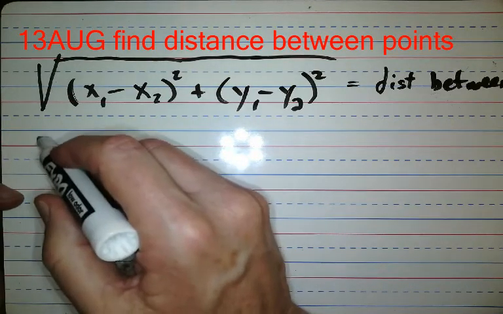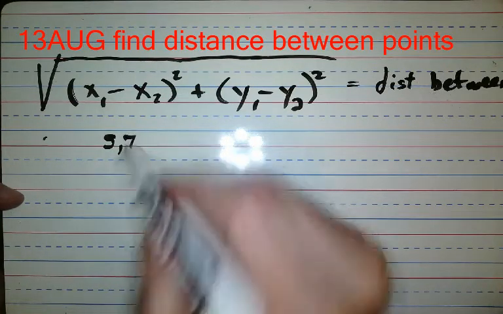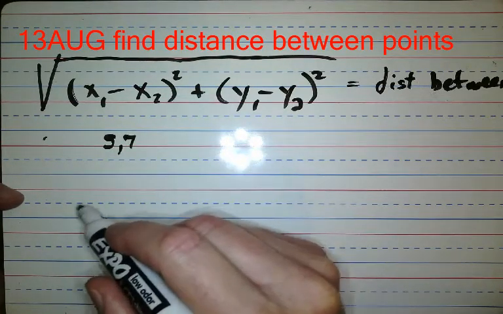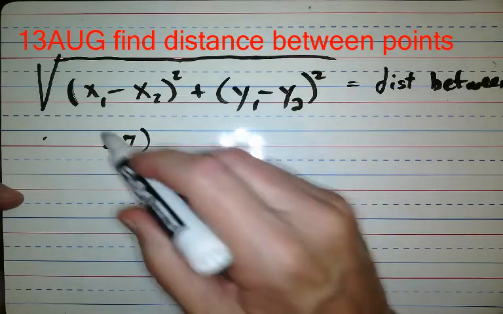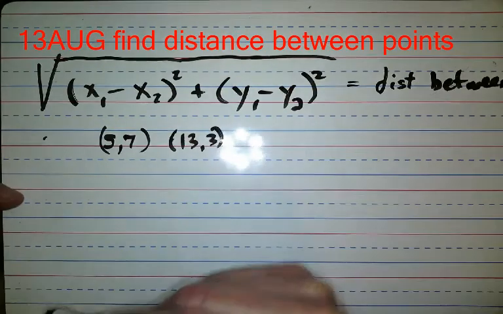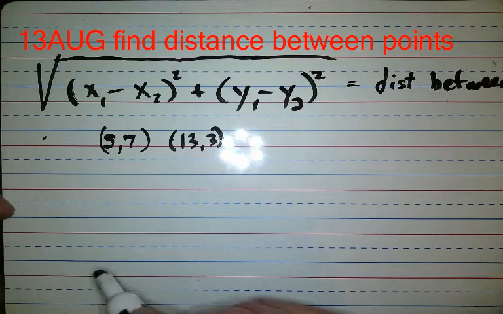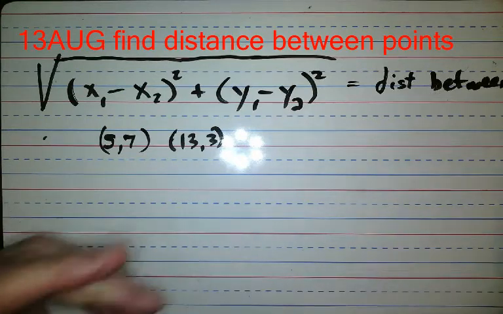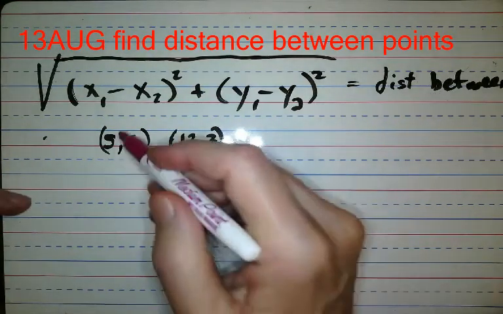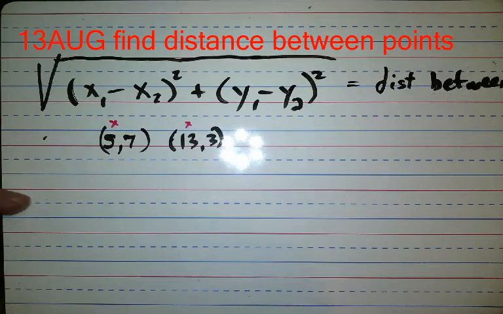Say I'm given a point 5, 7 and another point 13, 3. Okay. Now then, what I need to do is find the distance between those 2 points. So I have to take the x numbers, and you know that these first 2 right here are the x numbers.